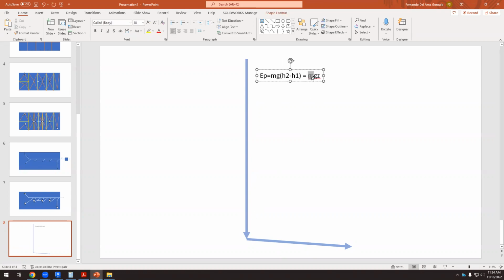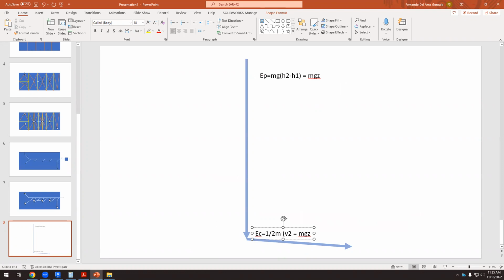So that means that this mass, by gravity, is going down. So at the end, it has this energy, and that is transformed into kinetic energy, which is a half of the mass times v squared.